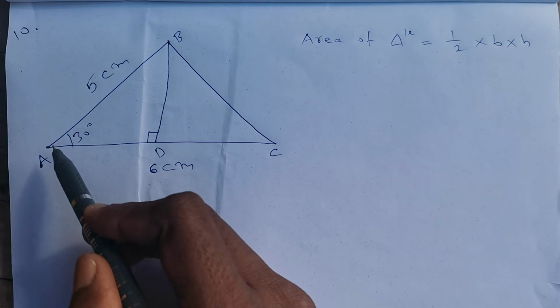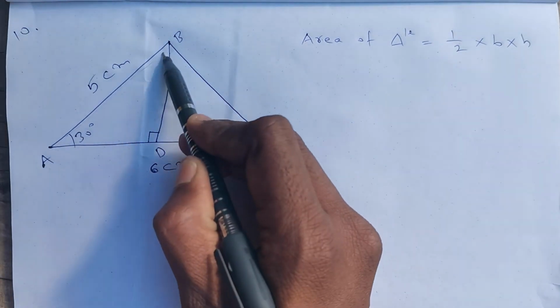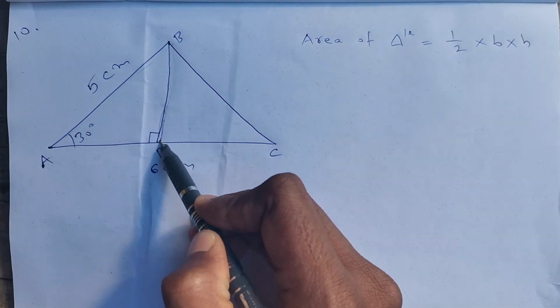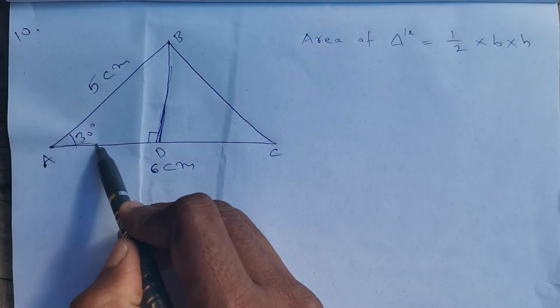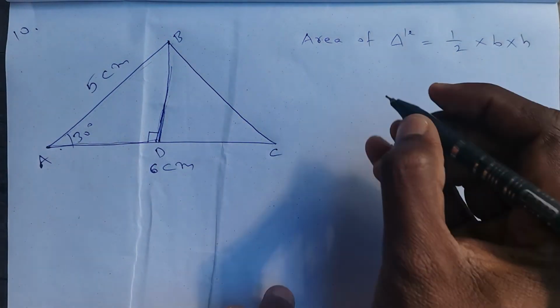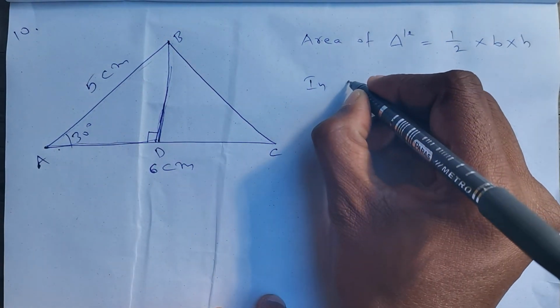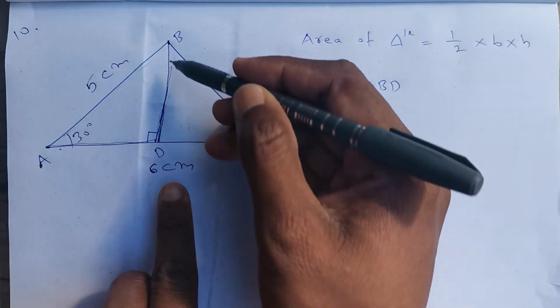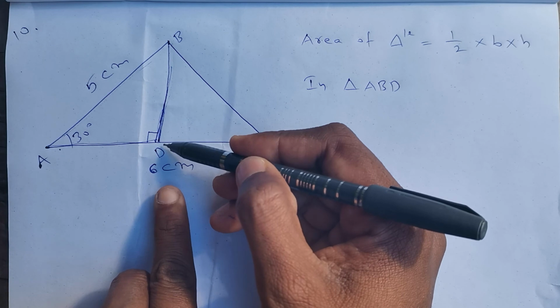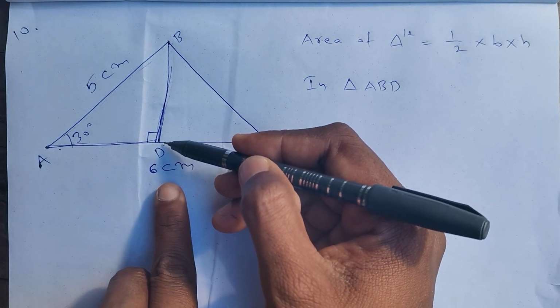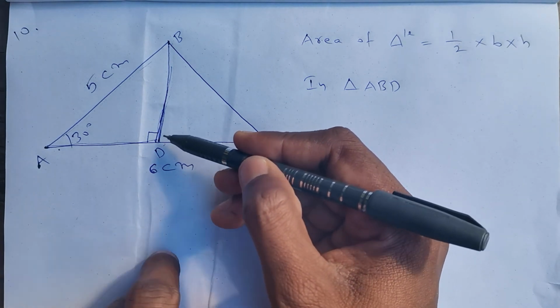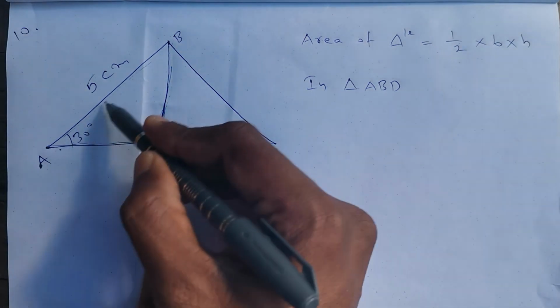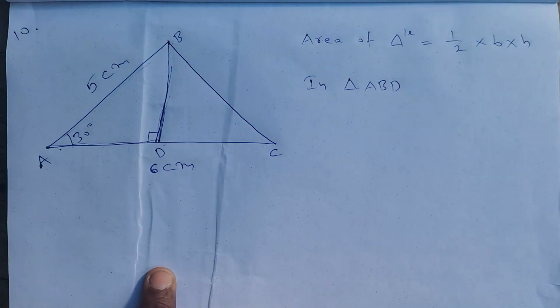Okay, if we observe this triangle here, triangle ABD, in triangle ABD, we drew one perpendicular line which is nothing but height. So height is always perpendicular only. So this figure will make a right angle triangle.